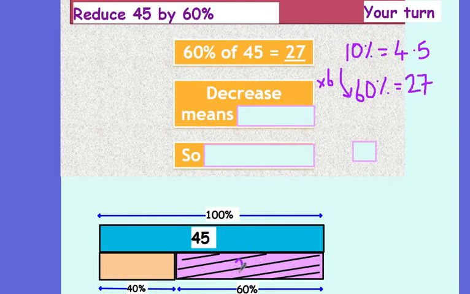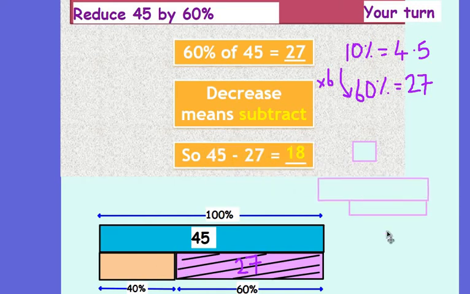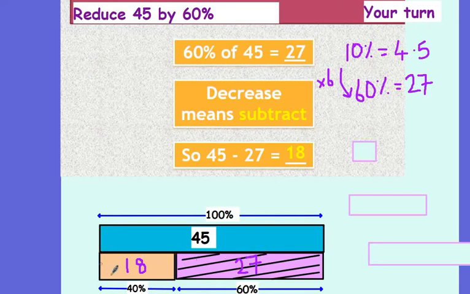Decrease means I'm taking away that 27. So the 40% I've got left is worth 45 take away 27. It's worth 18. If you want to double check your answer at any point, look at your bar model and check that your 2 bars at the bottom add together to give you the bar at the top.